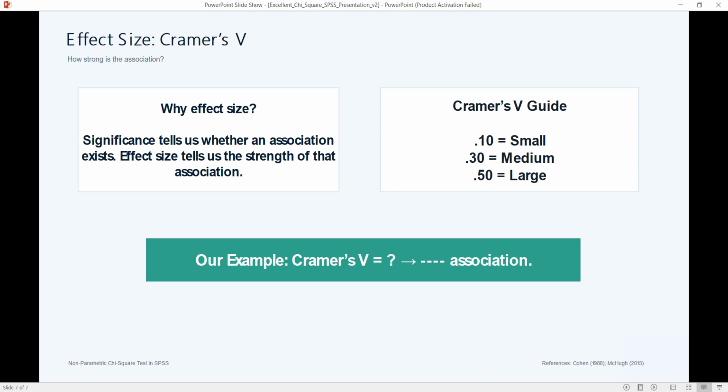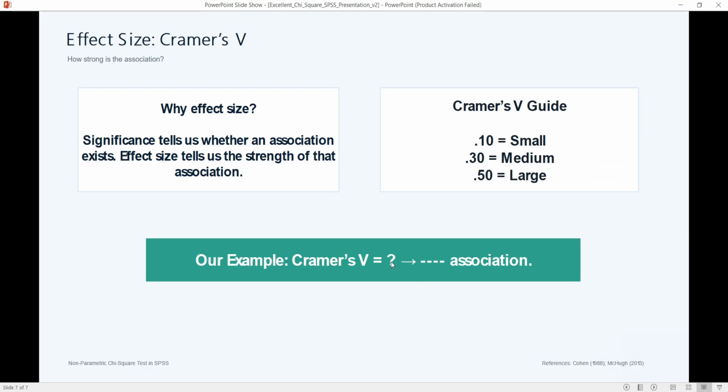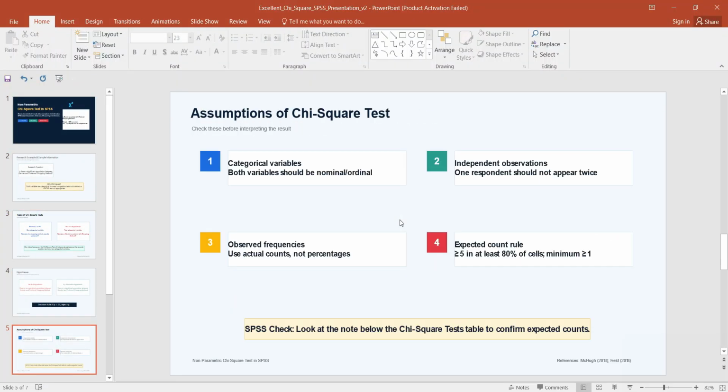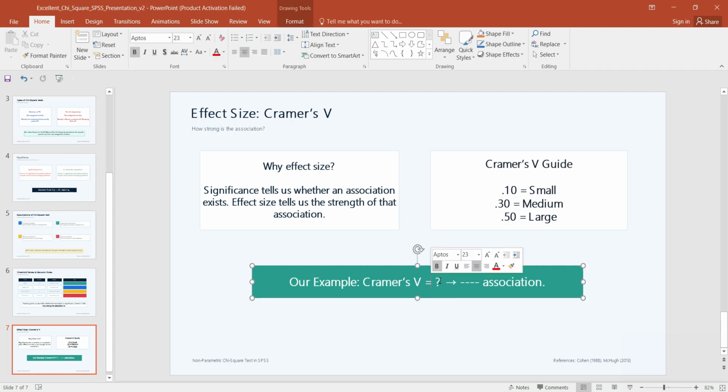So what was our value? 0.298. So we just need to put here 0.298, and we will see this value is close to a medium size association.